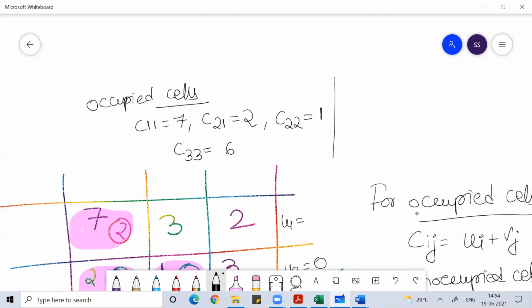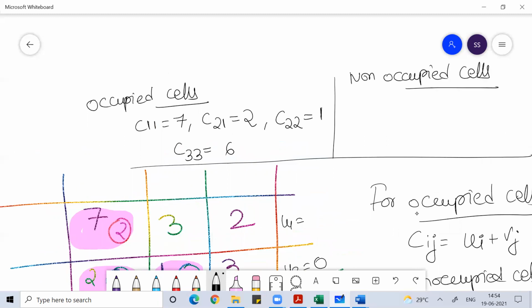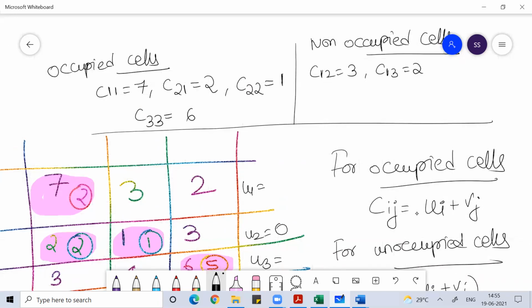While for the non-occupied cells, C12 is 3. Then C13 is 2. Then C23 is 3.